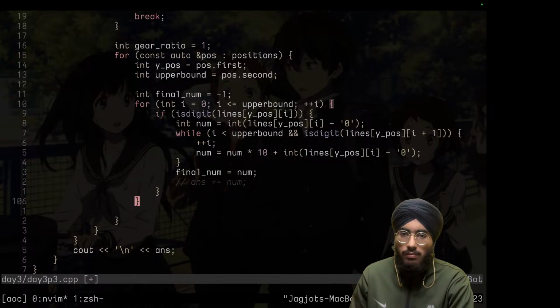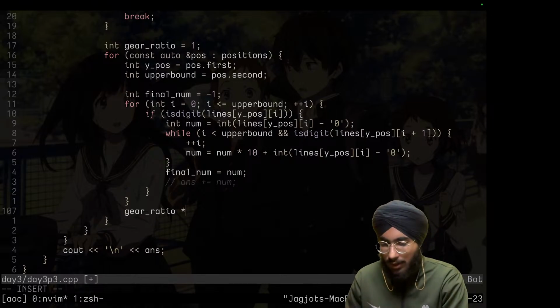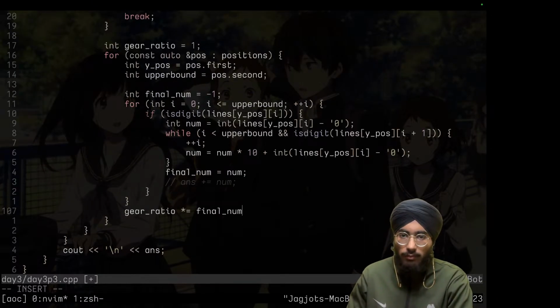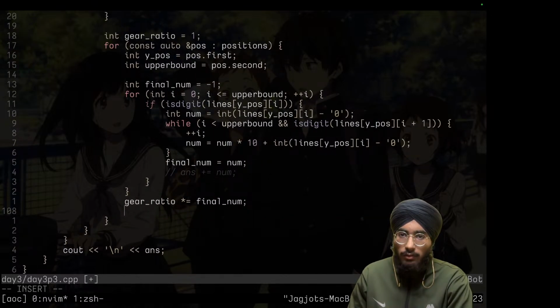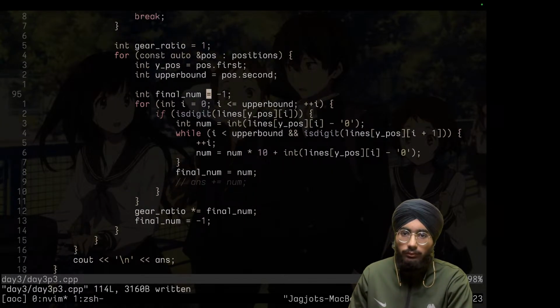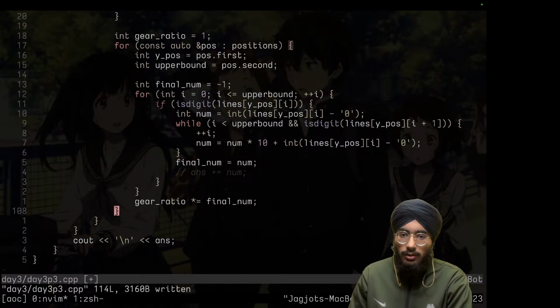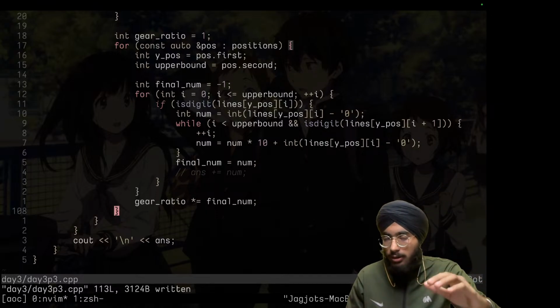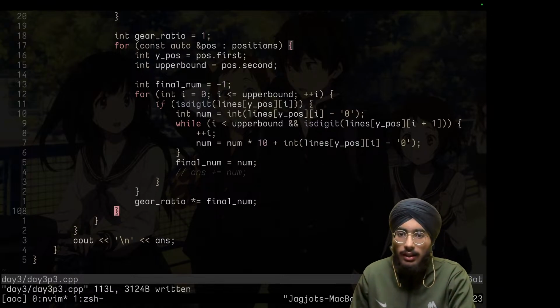Gear ratio multiply equals to final num. Final num is -1 again. Oh, we don't need to do that since the loop will go again and final num is -1 again. Okay. Yeah.